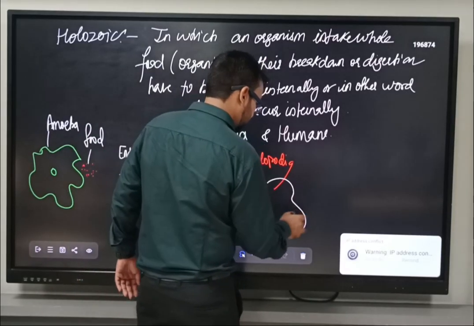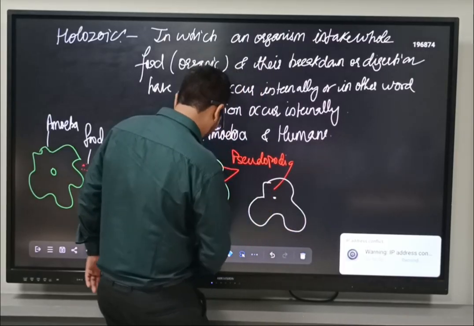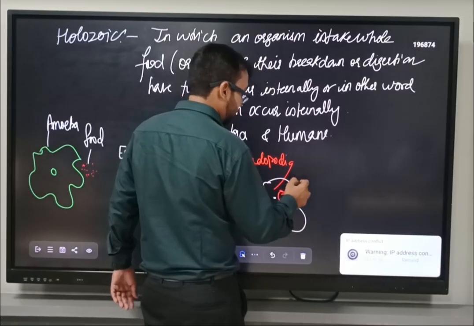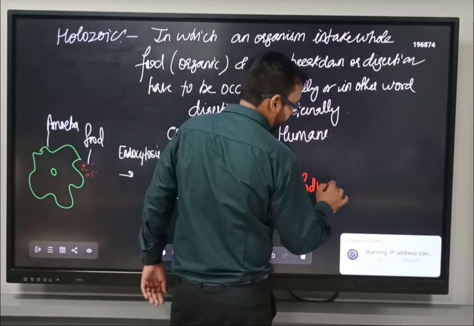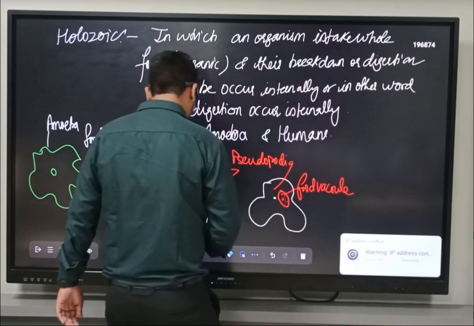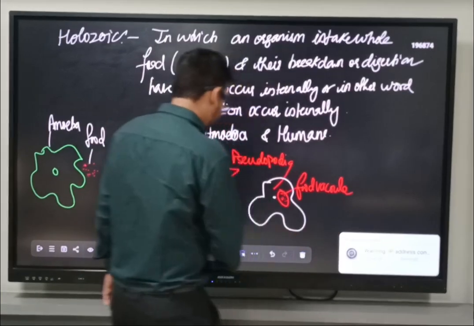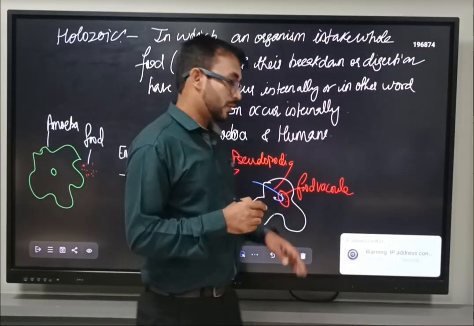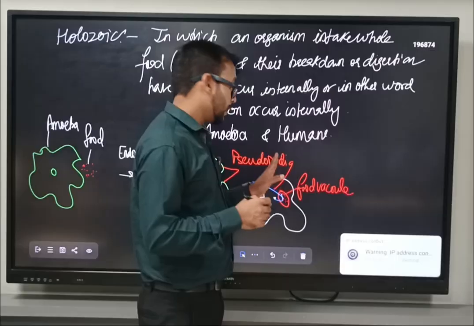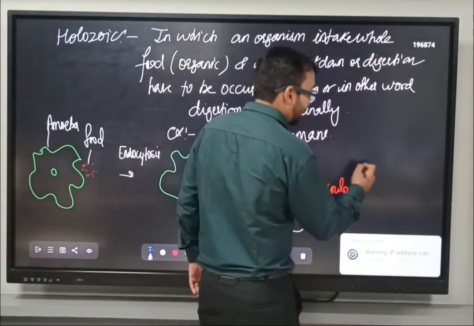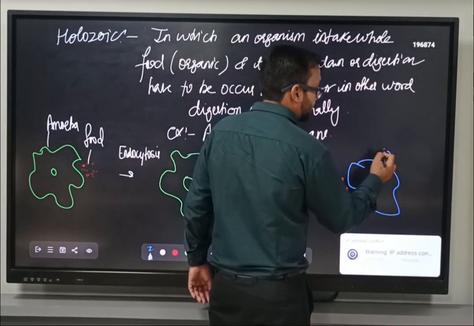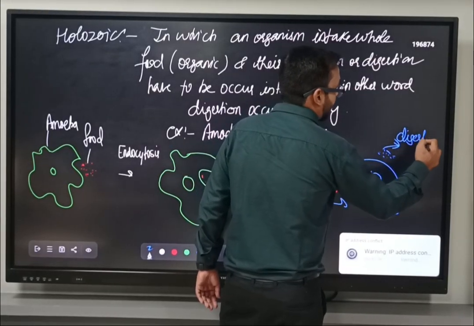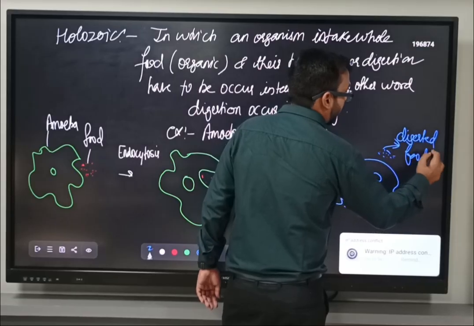Once the amoeba creates the pseudopodia, the food particles enter inside and a food vacuole is formed. Once the food vacuole is formed, digestive enzymes act on the food particle so that it can be digested completely inside the amoeba's body, and then the undigested particles are excreted out.